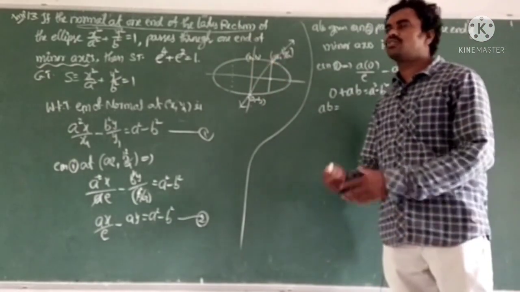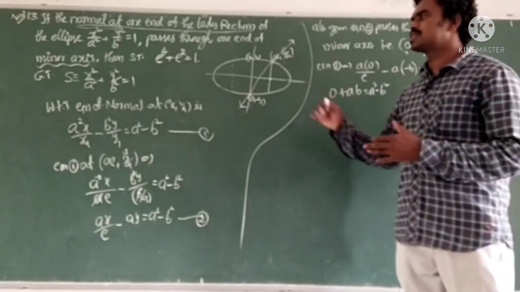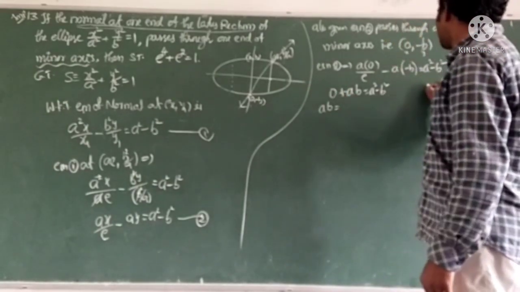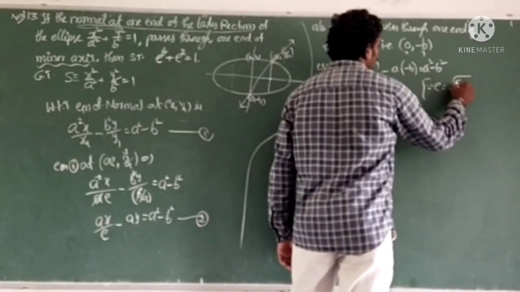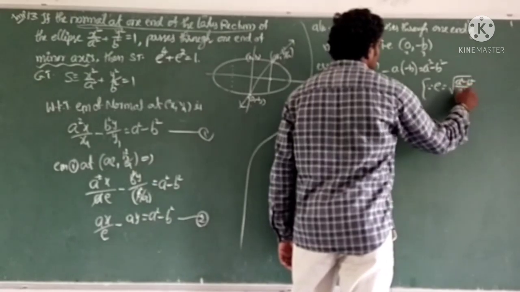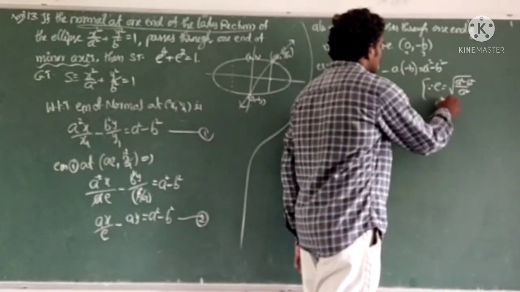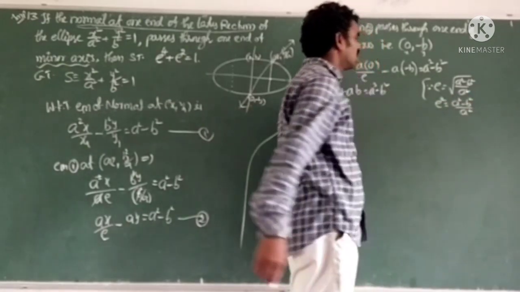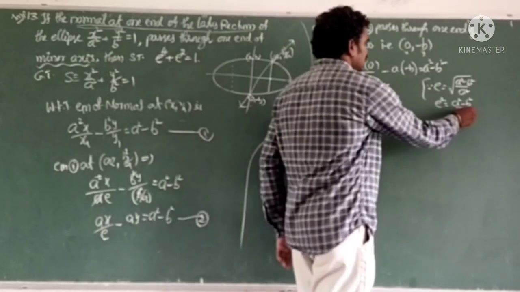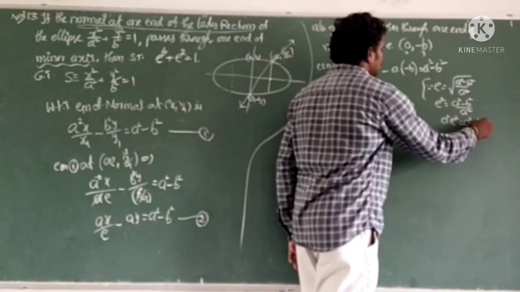So how to simplify? Do you know the eccentricity formula in an ellipse? Generally, here I am writing, the eccentricity formula is e = √((a² - b²)/a²). By squaring on both sides, we get e² = (a² - b²)/a². Then bring a² to the left side, so a²e² = a² - b².